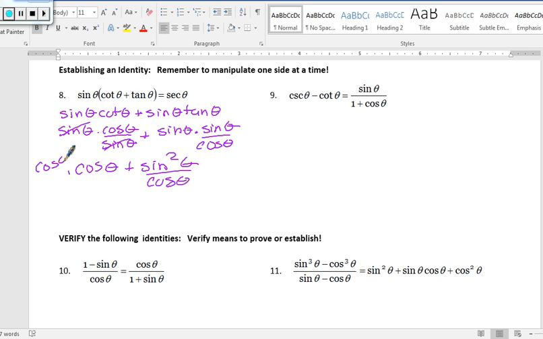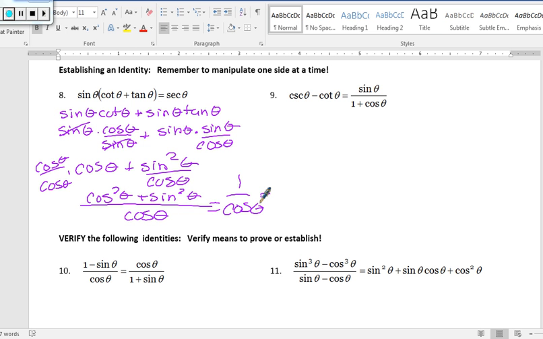So I'm going to multiply the first term by cosine theta over cosine theta. Now I have cosine squared theta plus sine squared theta all over cosine theta because I've established that common denominator. Cosine squared theta plus sine squared theta is really 1 over cosine theta, which will reduce to secant theta.